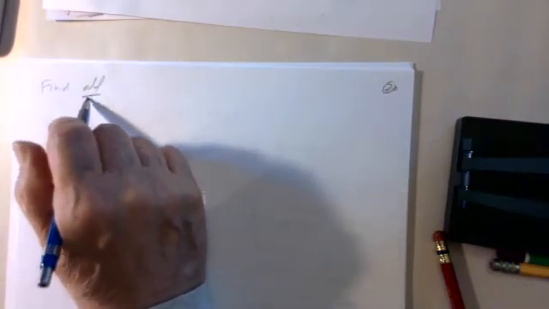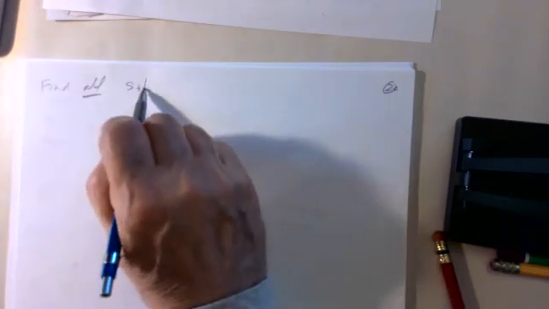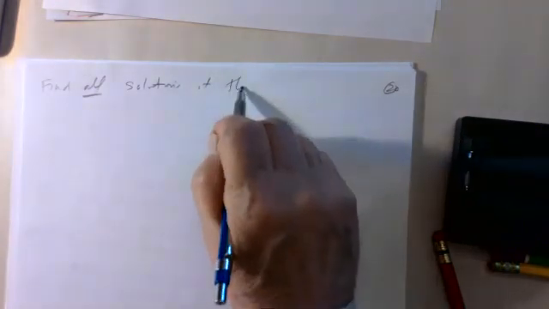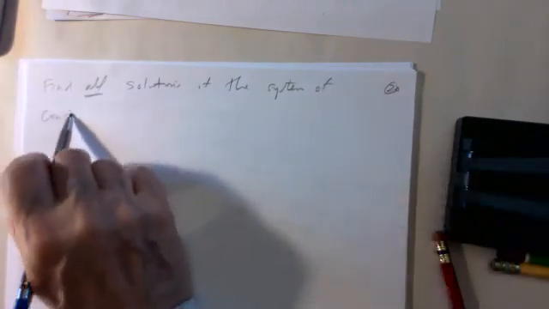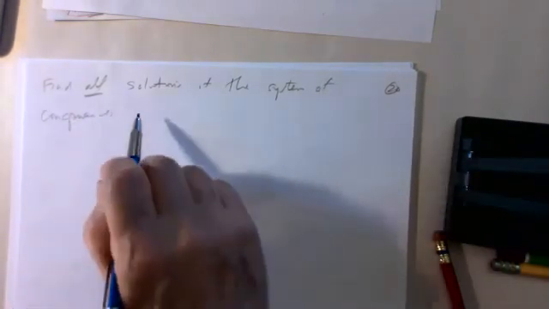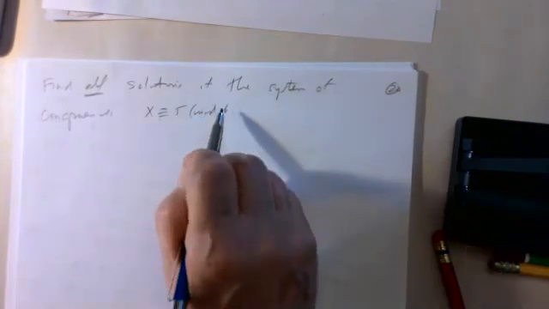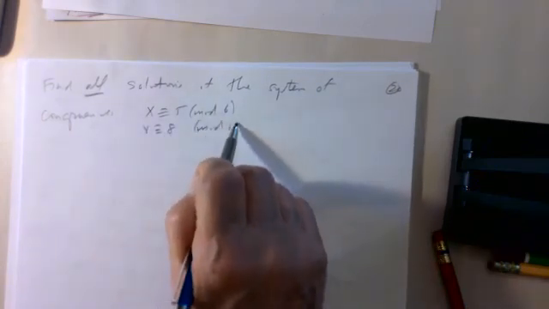So here's a problem. Find all solutions of the system of congruences x congruent to 5 mod 6 and x congruent to 8 mod 15.